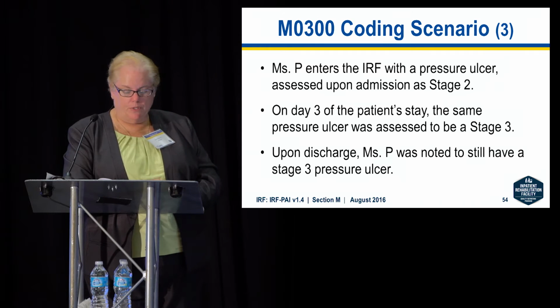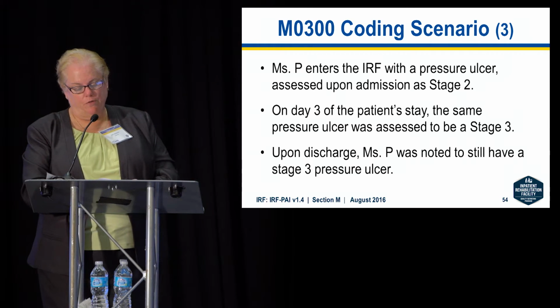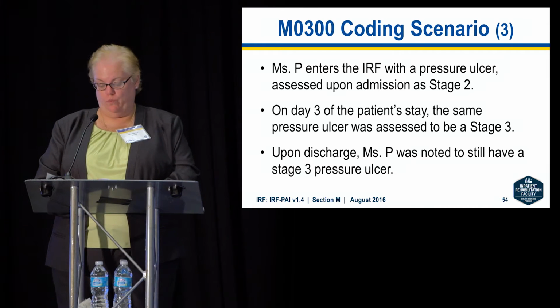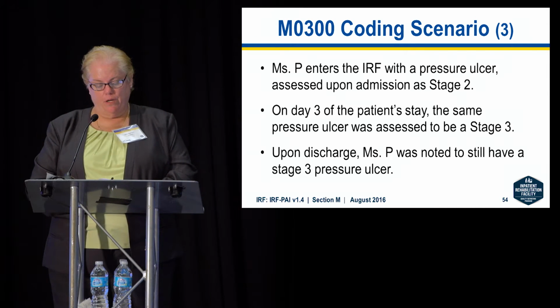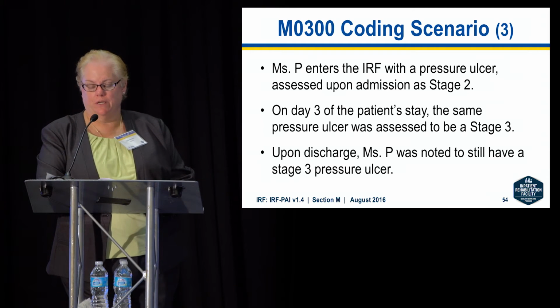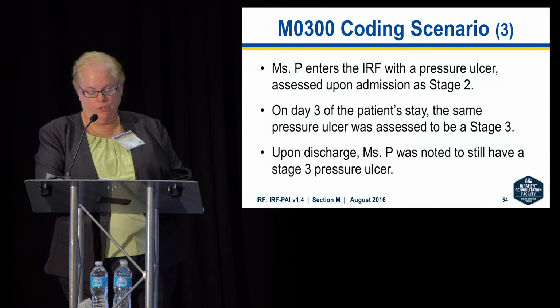Okay, so Mrs. P enters the IRF with a pressure ulcer assessed upon admission at a stage 2. On day 3 of the patient's stay, the same pressure ulcer was assessed to be a stage 3. Upon discharge, Mrs. P was noted to still have a stage 3 pressure ulcer.